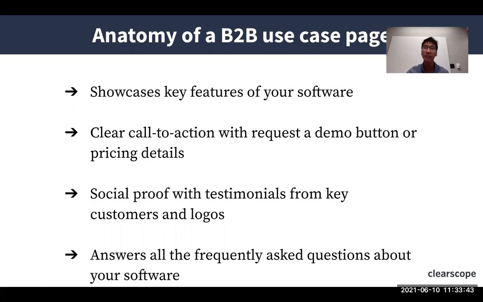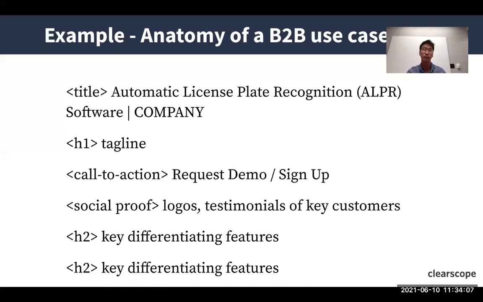So the anatomy of a B2B use case page is really to convince whoever lands on that page that your service or solution is better than your competitors. So showcasing the key differentiators, answering questions that they might have but not know that they have, is really the way forward for the B2B use case page. So I have here for automatic license plate recognition, ALPR software, right?